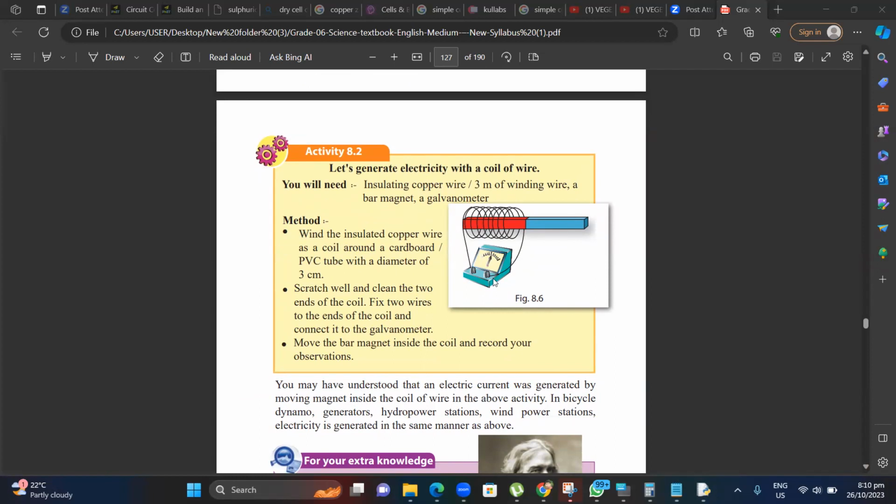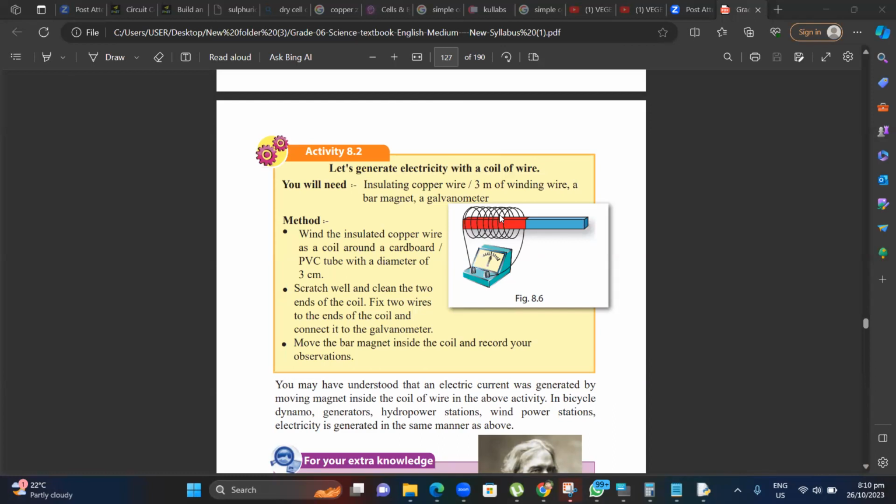When you're doing the practical, I have done this using different copper wires, but actually you need insulated copper wire, 3 meters of it, a bar magnet, and a galvanometer. You just want to see the current which passes through the galvanometer.